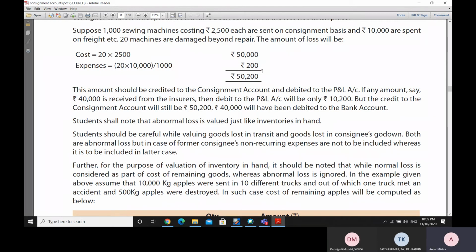There could be different kinds of losses in different situations. When the goods are in transit, the calculation could be different. When the goods are in the consignee's godown, the calculation could be different. So there could be two different calculations of the value of the lost goods, depending upon whether they were goods in transit or goods in the consignee's godown.